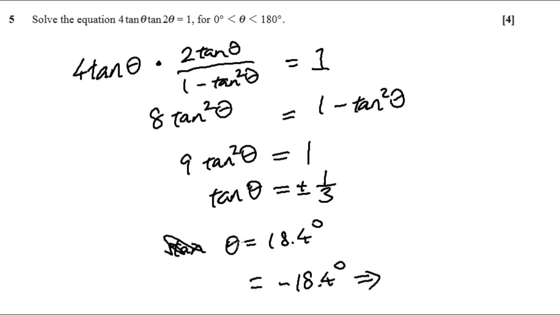But we can't use this value because this is out of range, which means that we need to add 180 to that, which gives us 161.6 degrees. Make sure you state which unit of angle you're using. If you want to, you can use radians, but do denote it, because they will penalize you for using the wrong numbers.